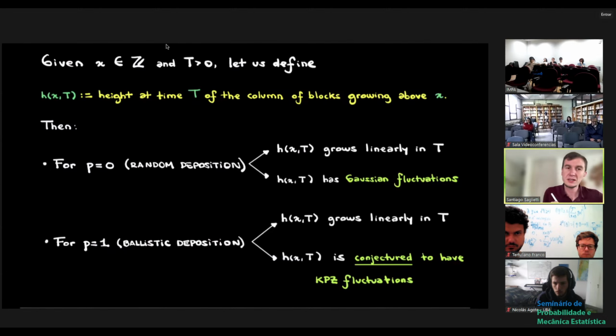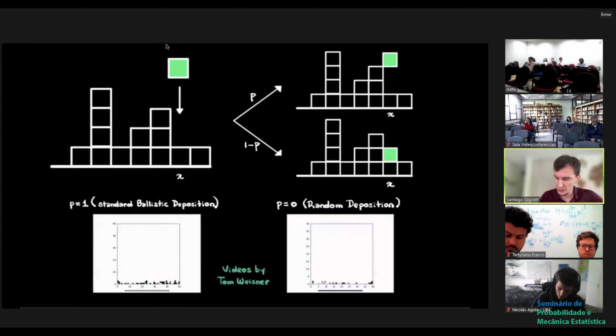So if we fix some site in the integers, let's say x, to fix ideas it can be the origin, and some time t, we define h(x,t) as the height at time t of the column of blocks sitting on top of x, okay? So let me go back. For example, here the height above x will be 1, 2, 3, 4, because the last block is at height 4.